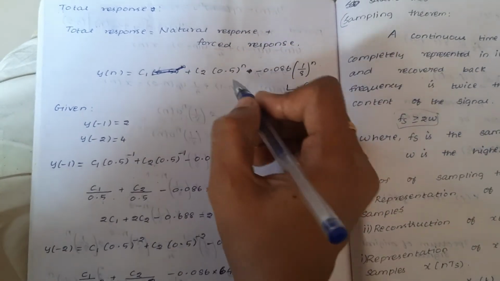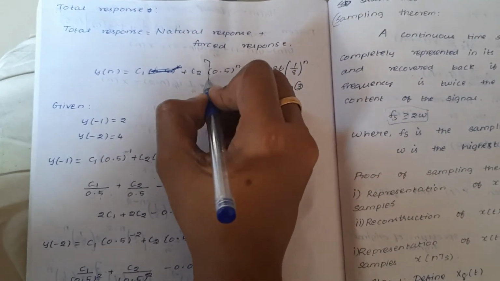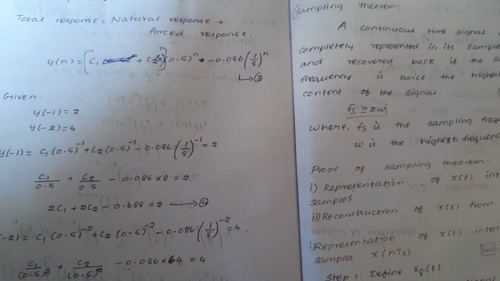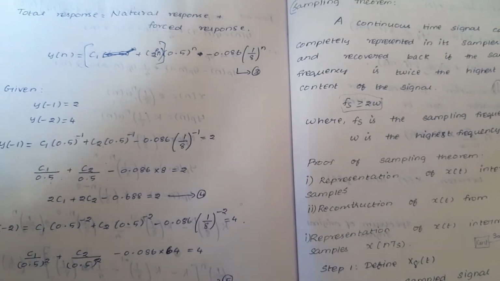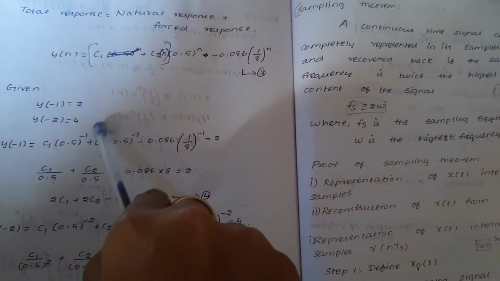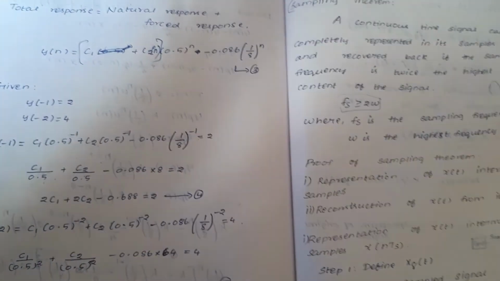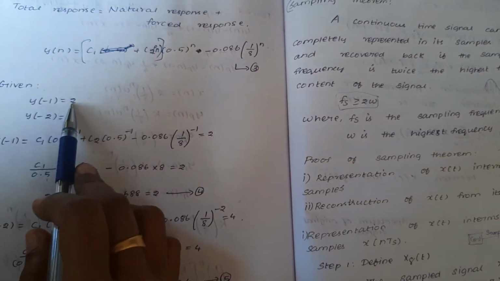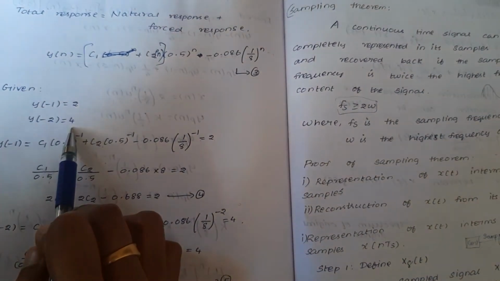Rearrange this as C1 plus C2 n into 0.5 the whole power n plus the particular solution. In the question they have given the initial values y of minus 1 is equal to 2 and y of minus 2 is equal to 4.